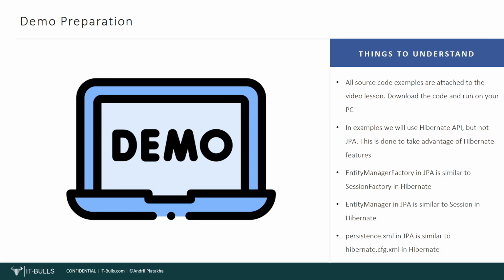The next thing, Entity Manager in JPA is a similar thing as Session. Also in Hibernate we use a configuration file with a different name. So, instead of persistence.xml that we use in JPA, we use hibernate.cfg.xml file in Hibernate.